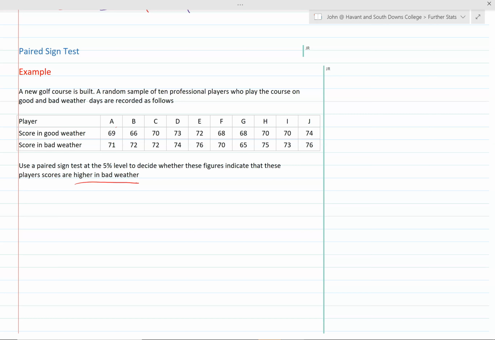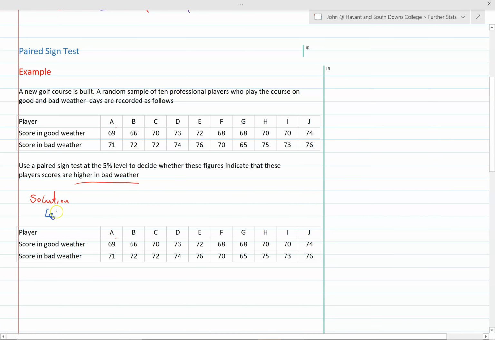Let's just set this thing up then. So solution, and I'll copy in the table here. So let D be the difference in scores.